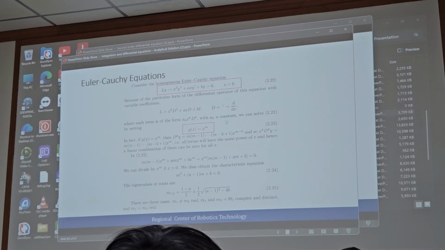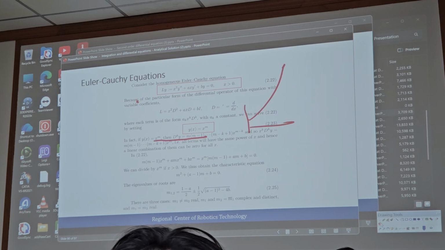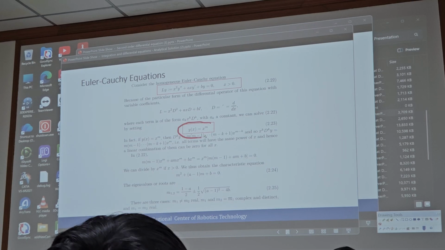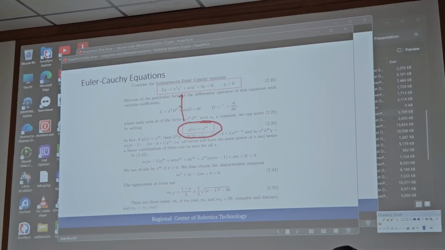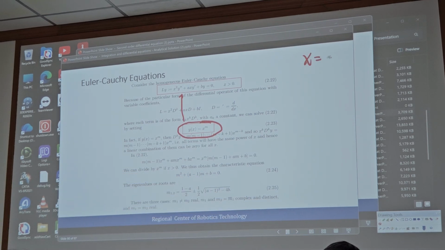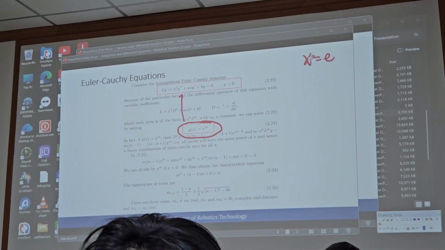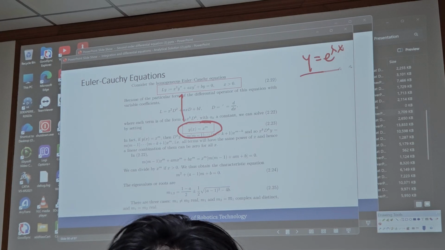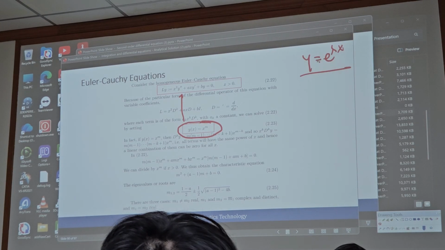The other form, Cauchy, this one, is similar, right? As I mentioned last Monday, we have to solve this one, right? But I substitute this one into the equation. Previously, we used this one to substitute the solution instead, right? y equal to e to the lambda x, right? From the previous equation.